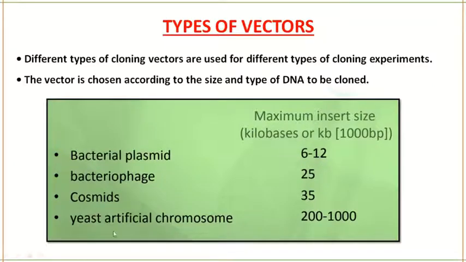kilobases. Bacteriophage can take up to 25 kilobases, which means 25,000 base pairs. Cosmids can take up to 35 kilobases, or 35,000 base pairs. Yeast artificial chromosomes are the maximum kind of vectors, which can take a very large insert size, up to 200 to 1000 kilobases.